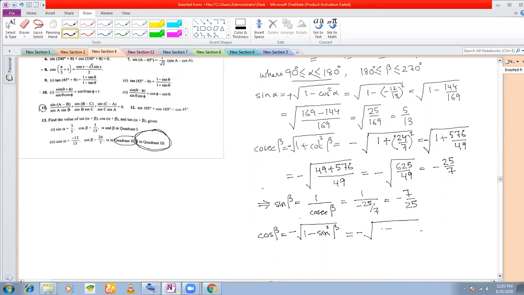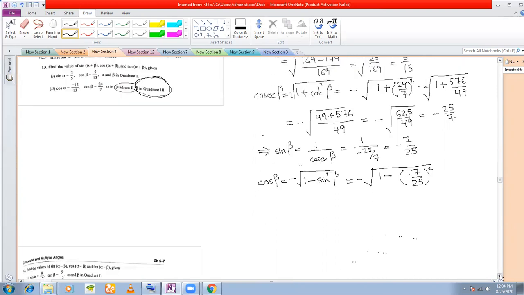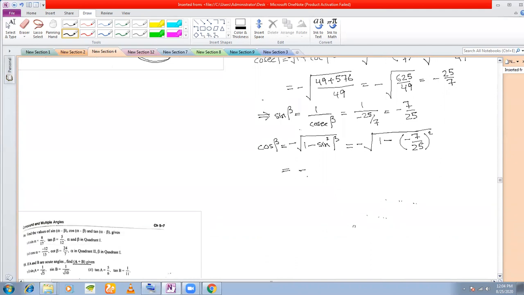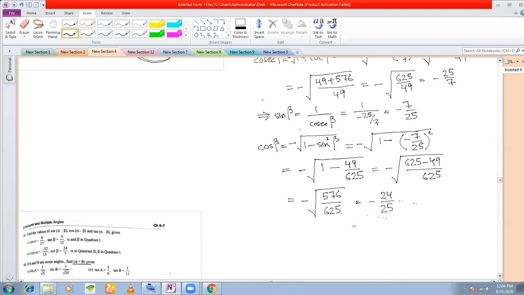Minus root 1 minus 7 by 25 square, that means minus root 1 minus 49 by 625, minus root 625 minus 49 divided by 625. 625 minus 49 is 576, and root of 576 is 24. So cos beta we have got minus 24 by 25.